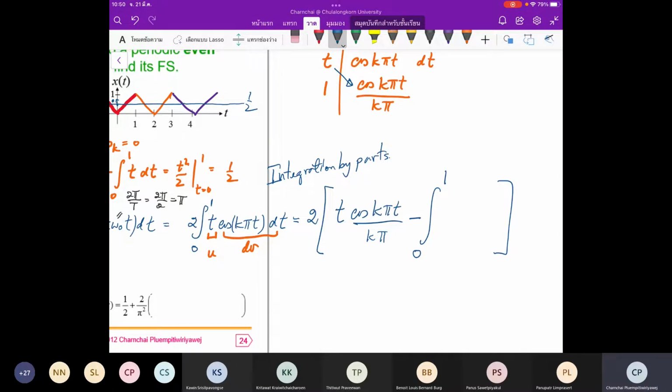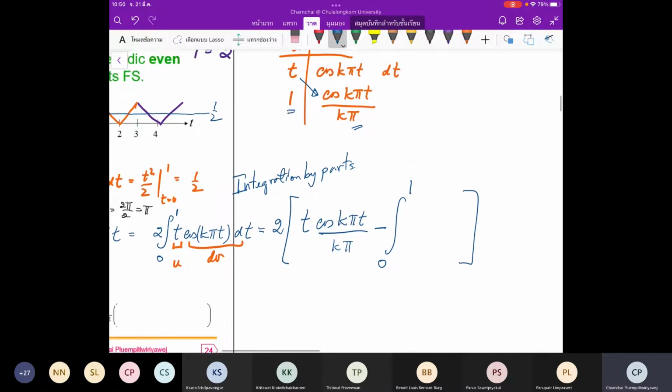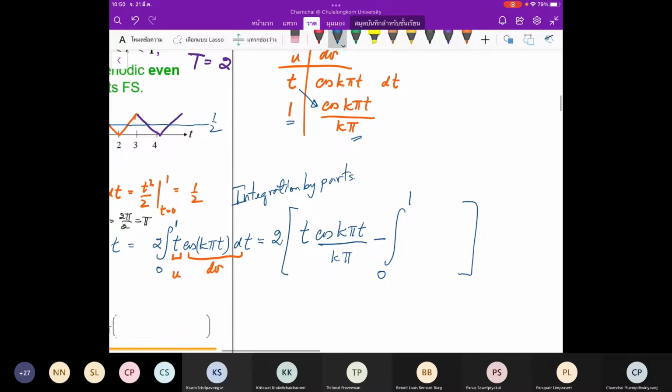This is our v, and du is just dt. It's just cosine k pi t over k pi dt. But remember, this one you have to evaluate from 0 to 1.